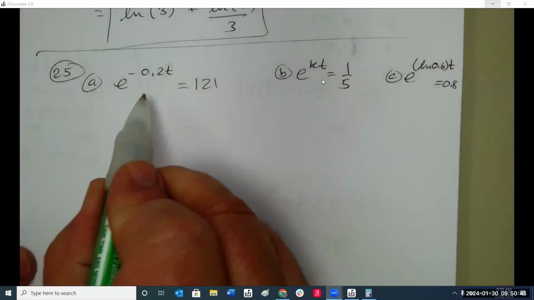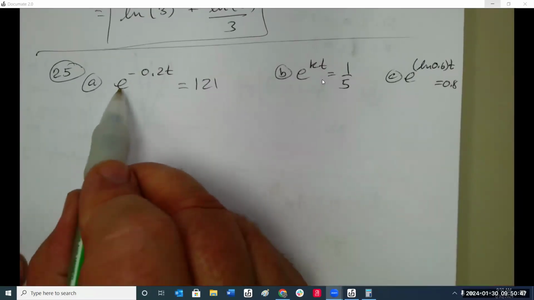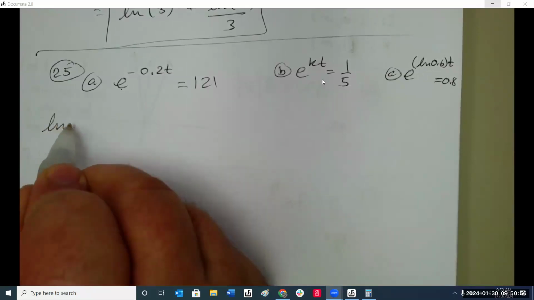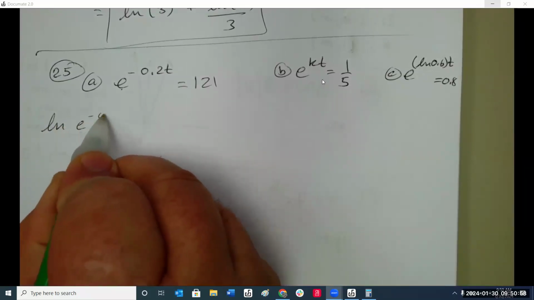So the first one, we have to solve for t. How do we get rid of the e? If we take the ln of both sides.